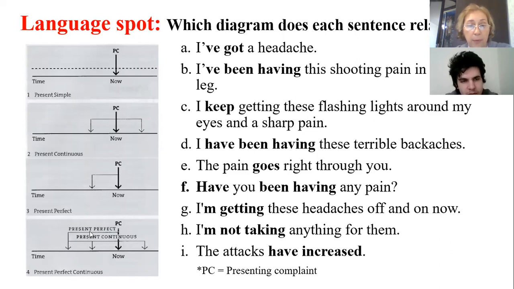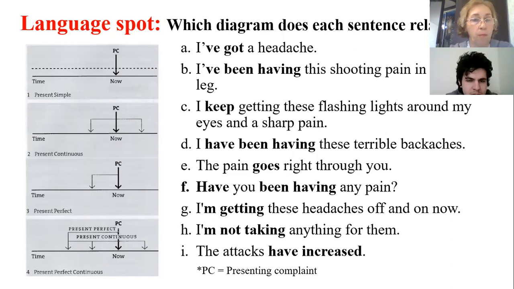It's also like present perfect, but the focus is also on the process. So the first sentence, we should read it and say which diagram it relates to. Ahmet, the first sentence is for you. I've got a headache.